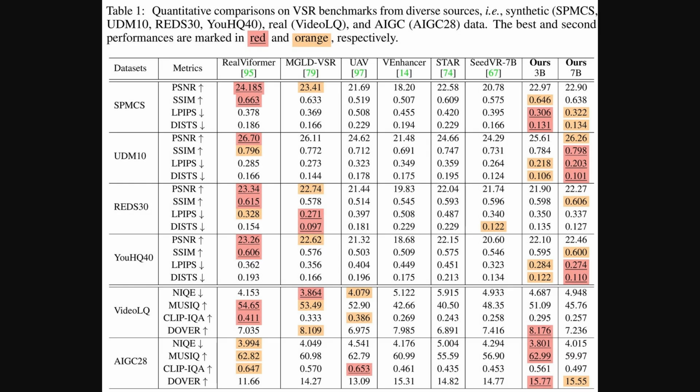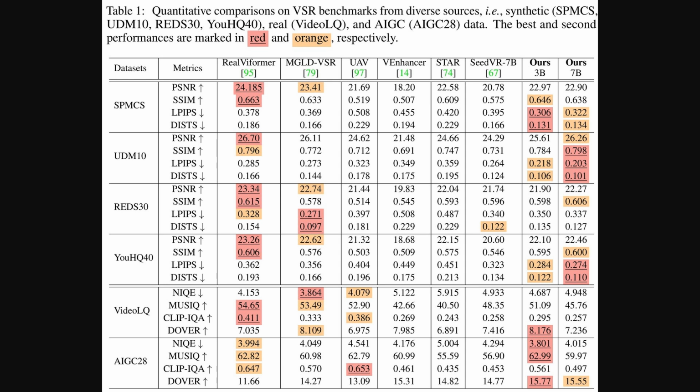Alright, so this table really digs into the performance with hard numbers. We're looking at quantitative comparisons across diverse video restoration benchmarks, including synthetic ones like SPMCS and real-world data like VideoLQ. The metrics assess different quality aspects. For instance, PSNR and SSIM. These gauge detail accuracy and structural similarity, respectively, where higher scores are better.